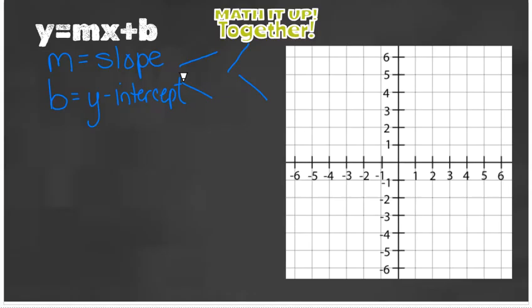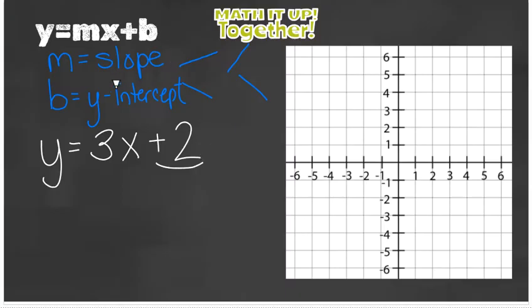So what is a y-intercept? Let's take a look at an equation. So let's say we have an equation that looks like this. So that intercept, which is the b, and in this case it's positive 2, that is where your line is going to pass through your y-axis.